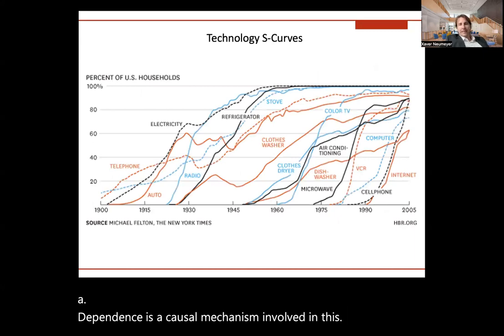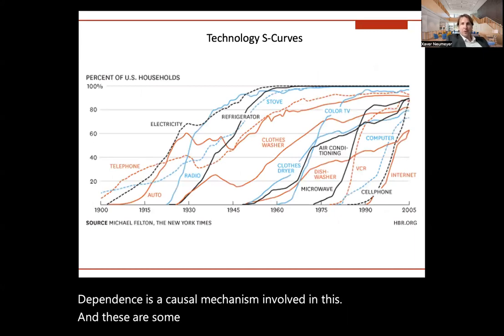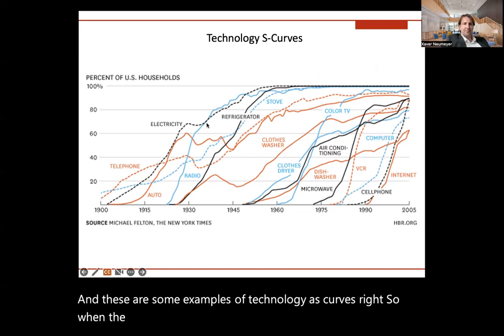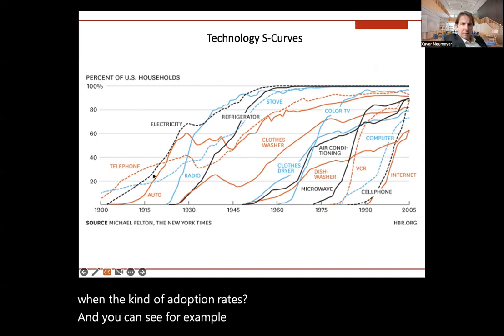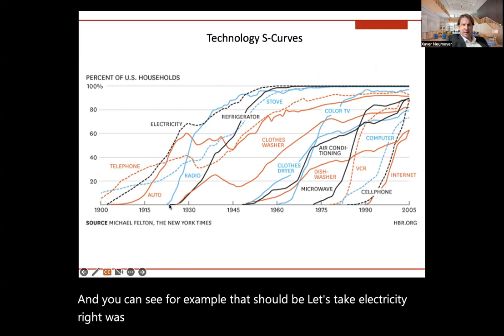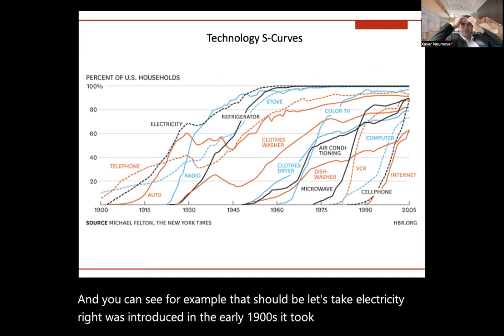And these are some examples of technology S-curves, right? When it comes to adoption rates, let's take electricity, for example. It was introduced in the early 1900s. It took roughly 25 years to get to a 65% adoption rate, right?